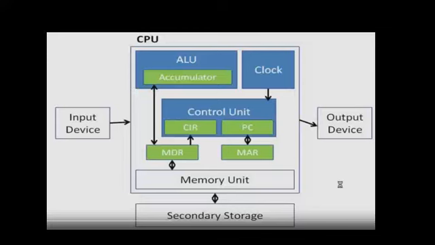Now, here we show that these registers are several within the CPU. This is the CPU, and within it you will find registers with different names according to their role.